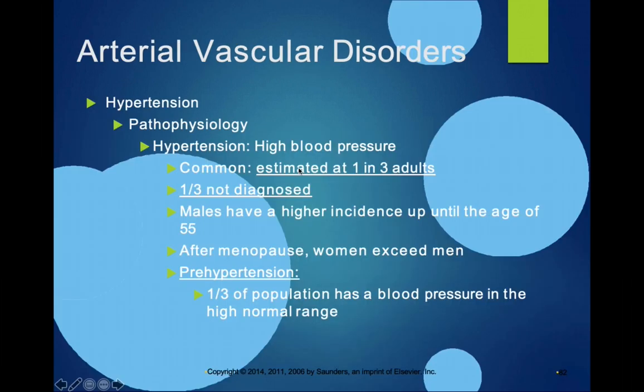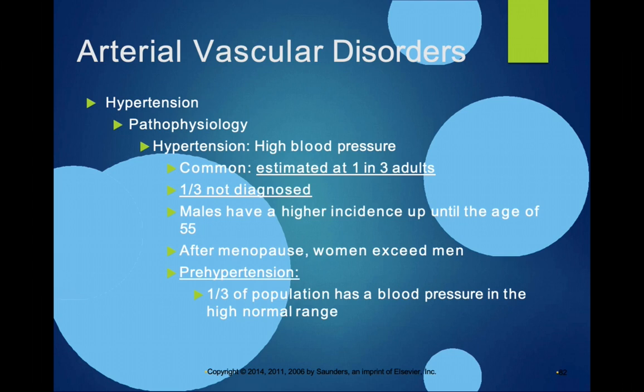Let's get back here. Hypertension is high blood pressure. It's estimated that 1 in 3 adults have it, and 1/3 go undiagnosed. Males have a higher incidence of hypertension, and after menopause, women can catch up with men and pass us.